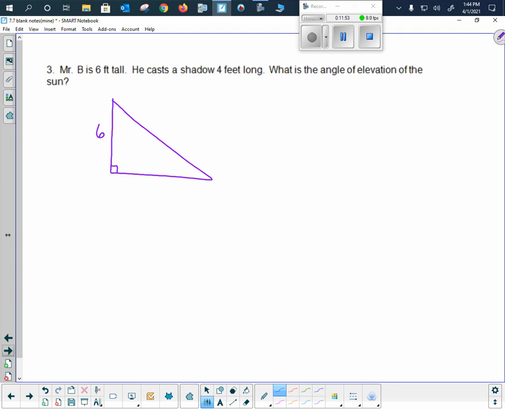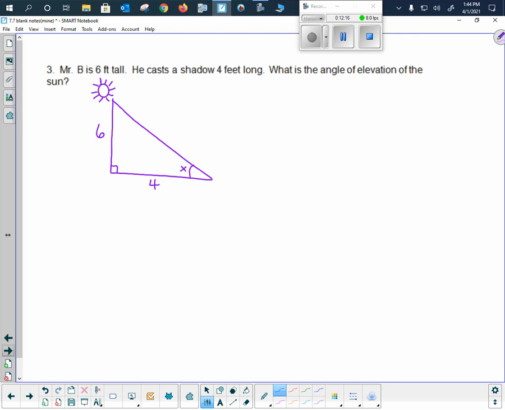His shadow would be on the ground of 4 feet long. And we know the sun would have to be here, right? For the shadow to be on the ground there. And we want to know what's the angle of elevation of the sun. Well, here's the only horizontal line pointing up to the sun, and that's what you don't know, so that's x.